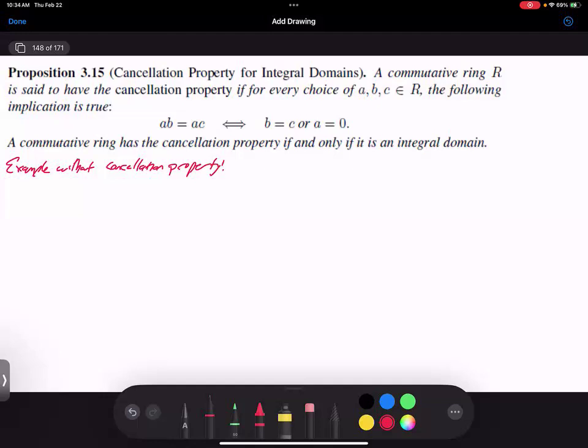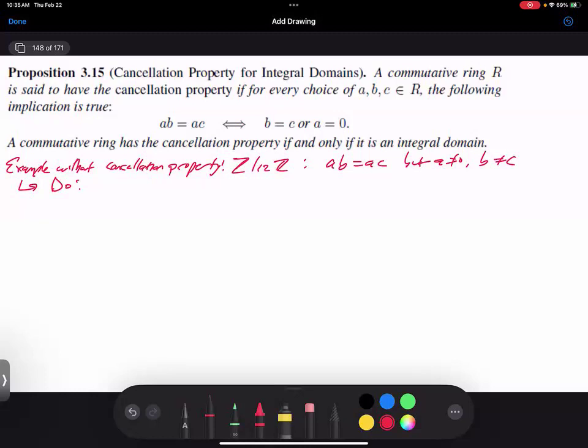Z mod 12Z. So let's go back to our clock. So if I look at Z mod 12Z, can you give me an example? I want AB equals AC, but A is not 0 and B does not equal C. So can you give me 2 products that are the same mod 12, but B does not equal C and A is not 0. 3 times 4 is 12, which is 0.